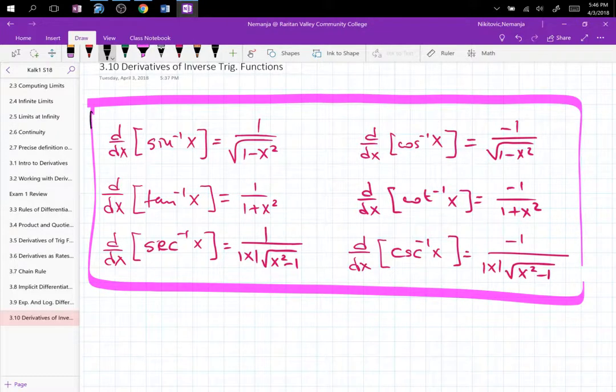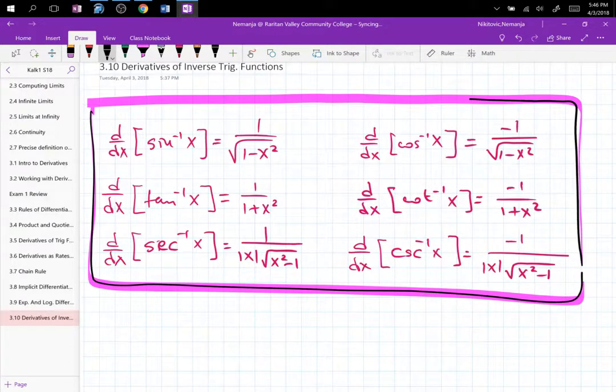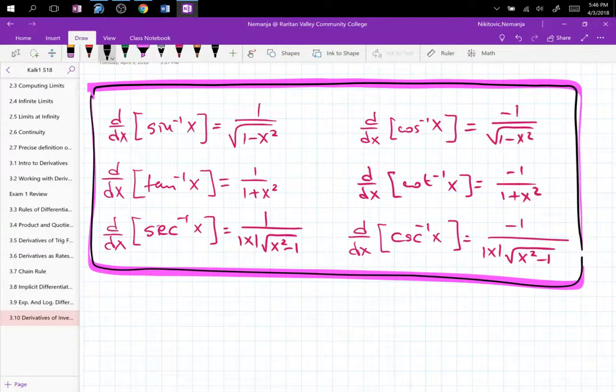Now we do want to think a little bit about what we are actually going to use, and that is the inverses of composite functions.